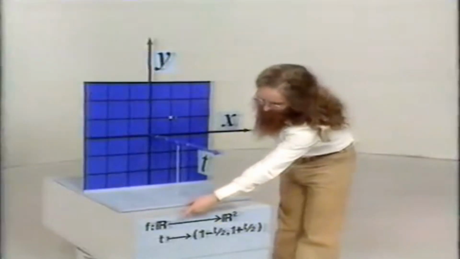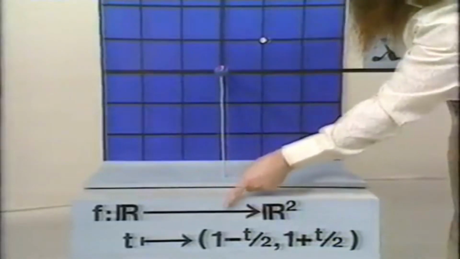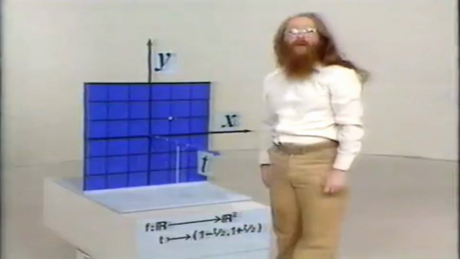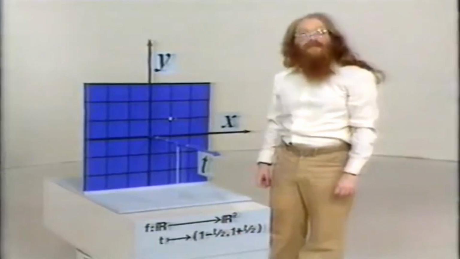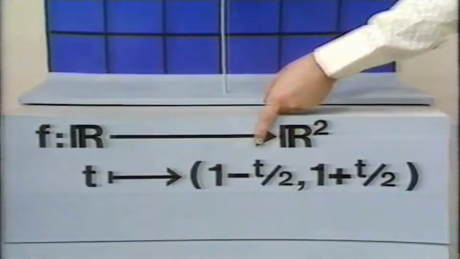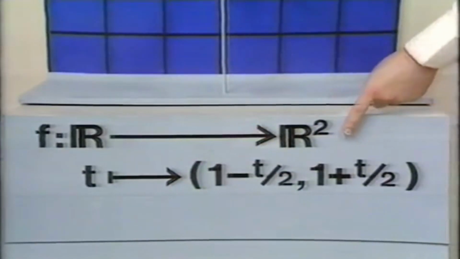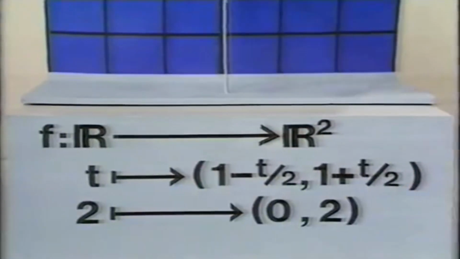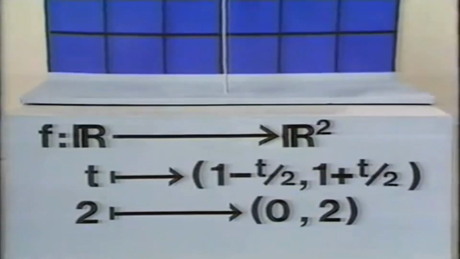You see, 0 maps to the point 1, 1. So, here's 1, 1. Well, what about other values of t? Say t equals 2. Well, we'll get 0 for the first coordinate, and we'll get 2 for the second coordinate. So 2 maps to the point 0, 2.